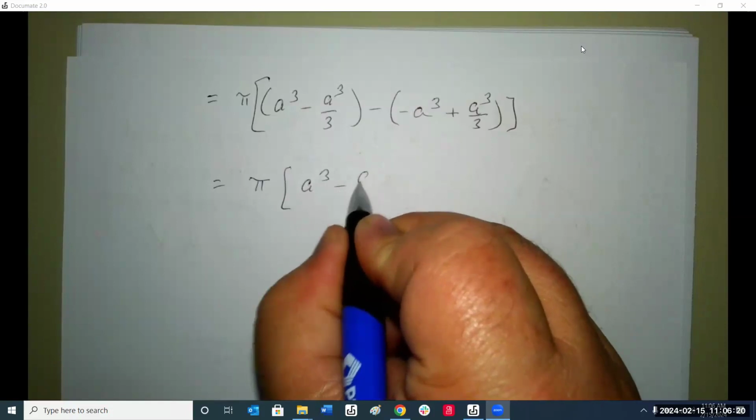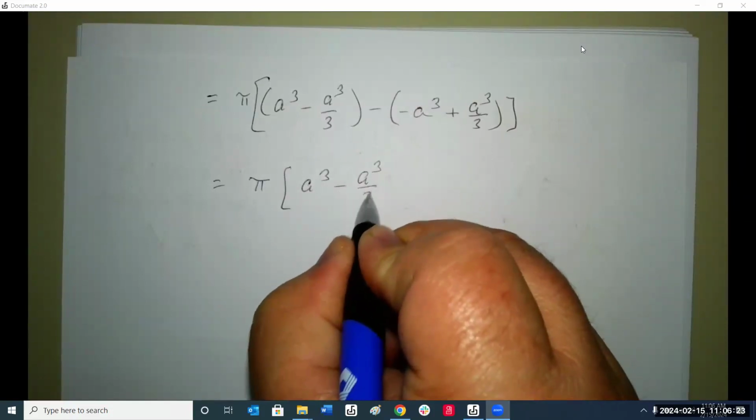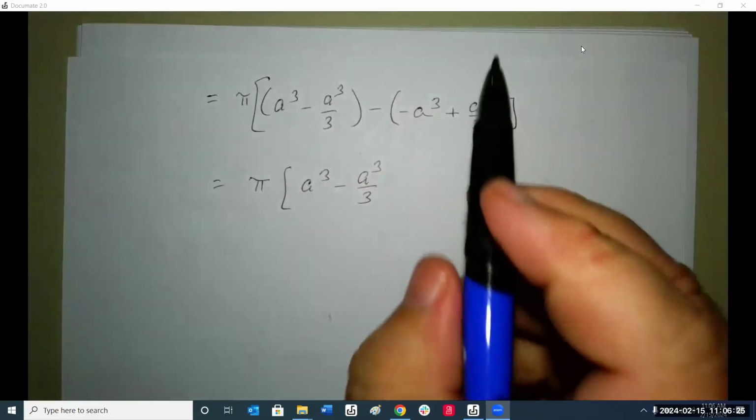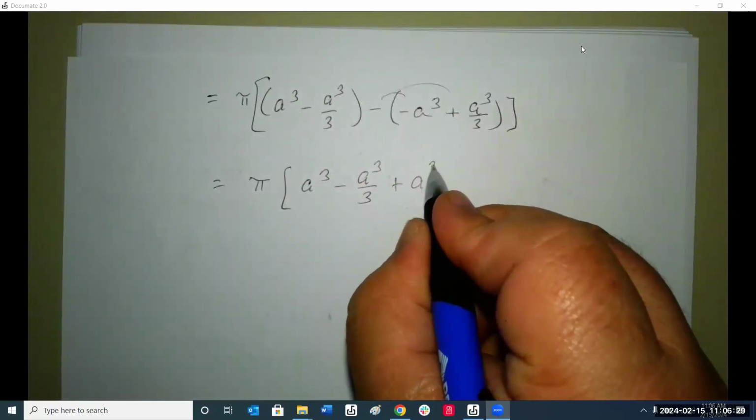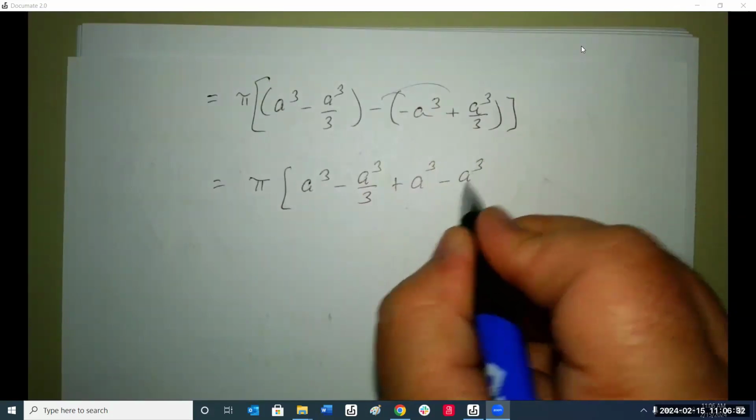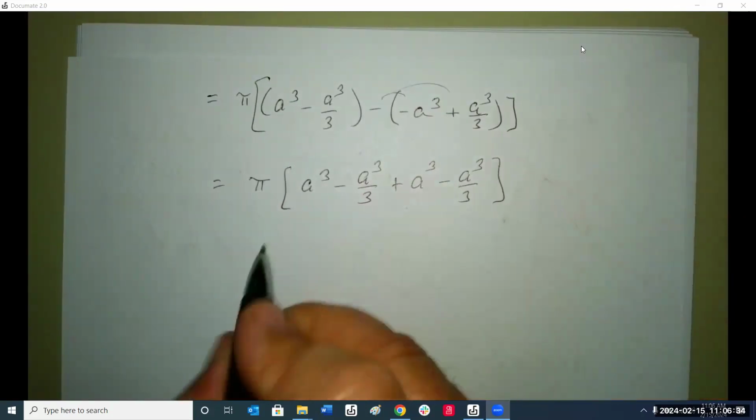Distribute. A cubed minus a cubed over 3, plus a cubed minus a cubed over 3.